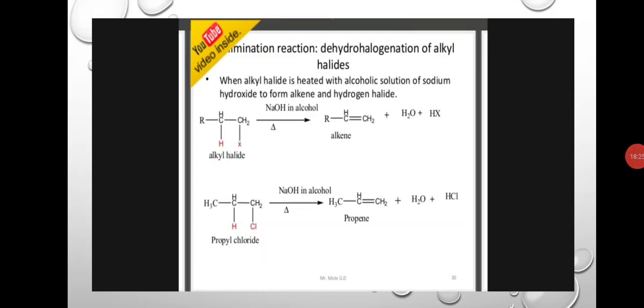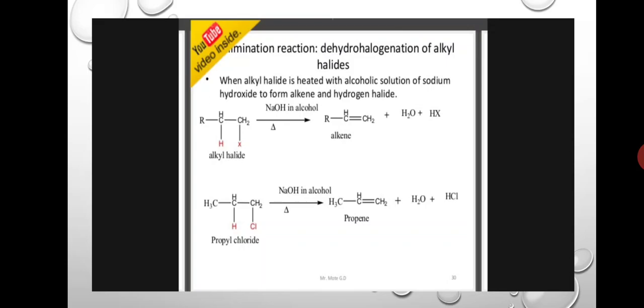And next reaction is elimination reaction, or dehydrohalogenation of alkyl halides. Okay, the third type of reaction, what is the reaction? It is elimination reaction. An example of this reaction is dehydrohalogenation of alkyl halides. Dehydrohalogenation means the removal of hydrogen and halogen.